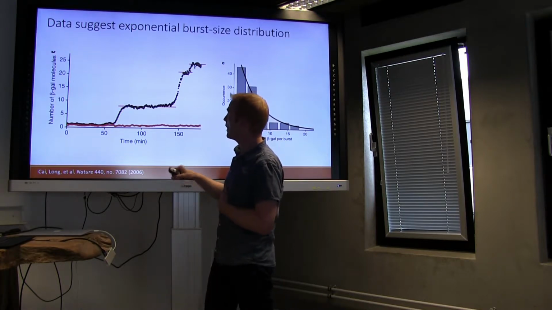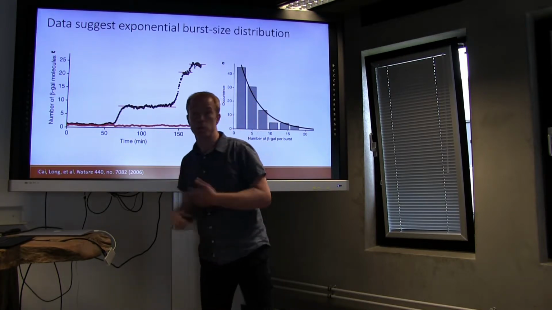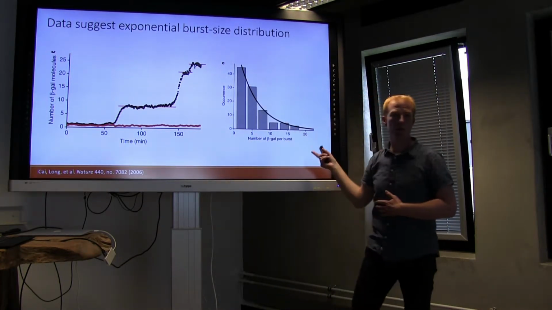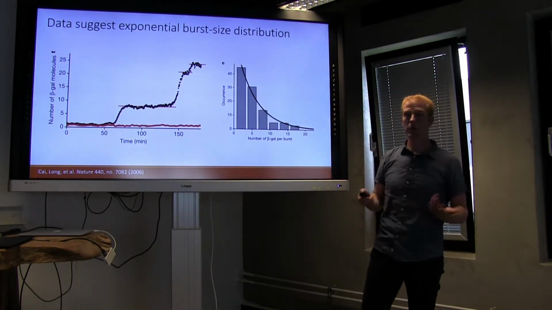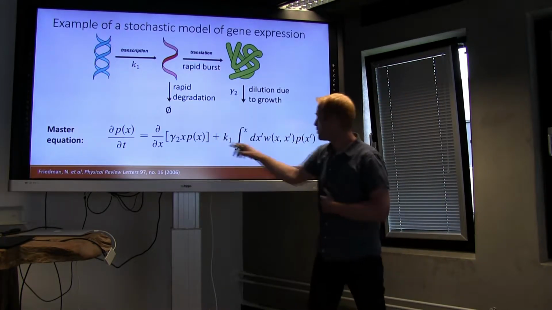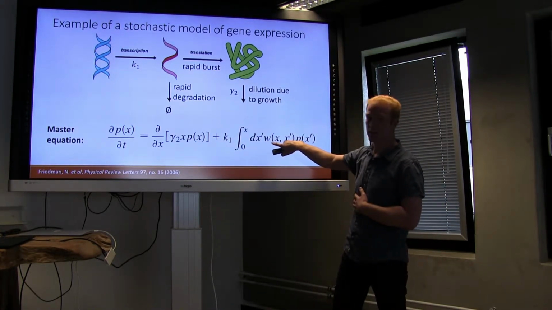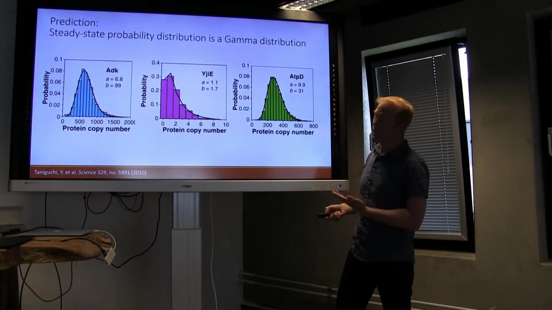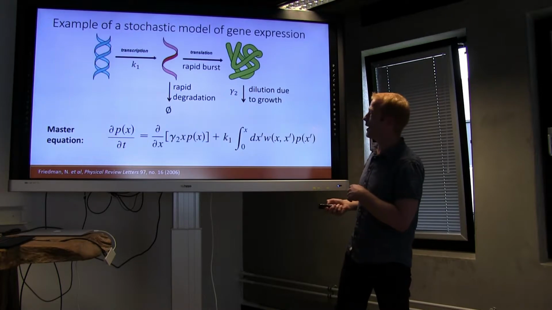So from this type of data, you can actually deduce the distribution of these jump sizes, these burst sizes, and it's roughly exponential. So now we have a full model because we have this set of equations. The only thing we have to put in is this function. We actually have it. And then the prediction, in this case, well, let me go back.